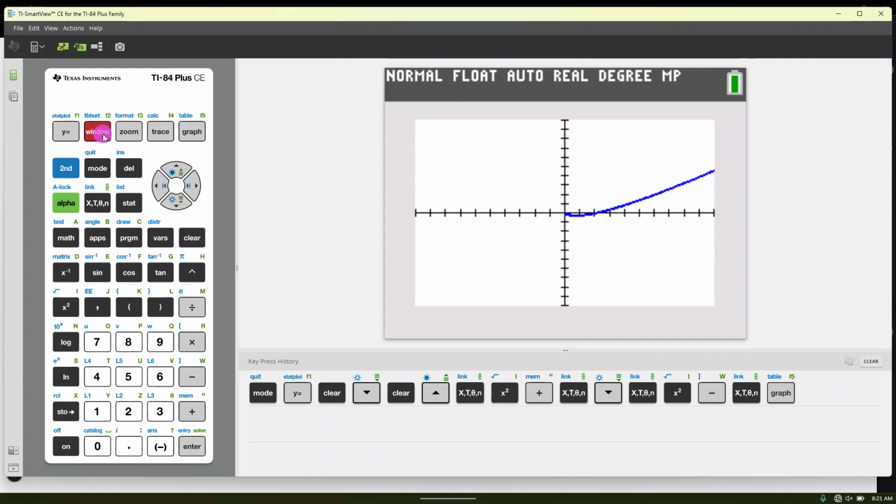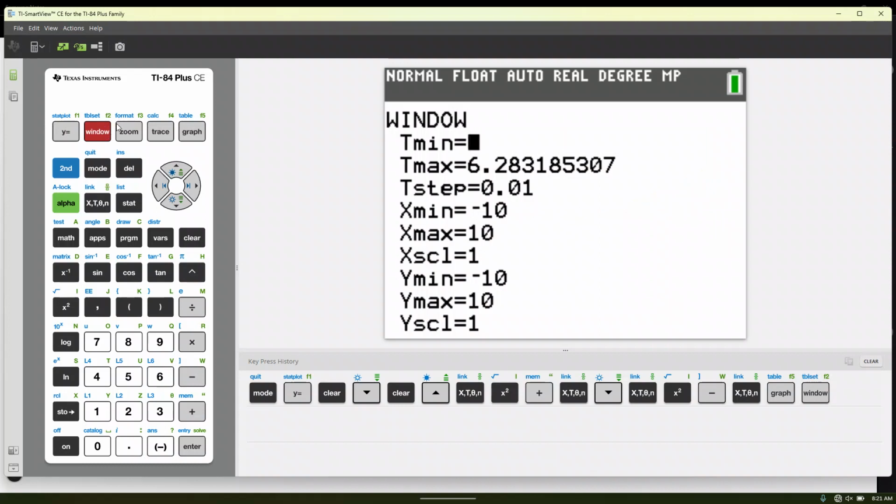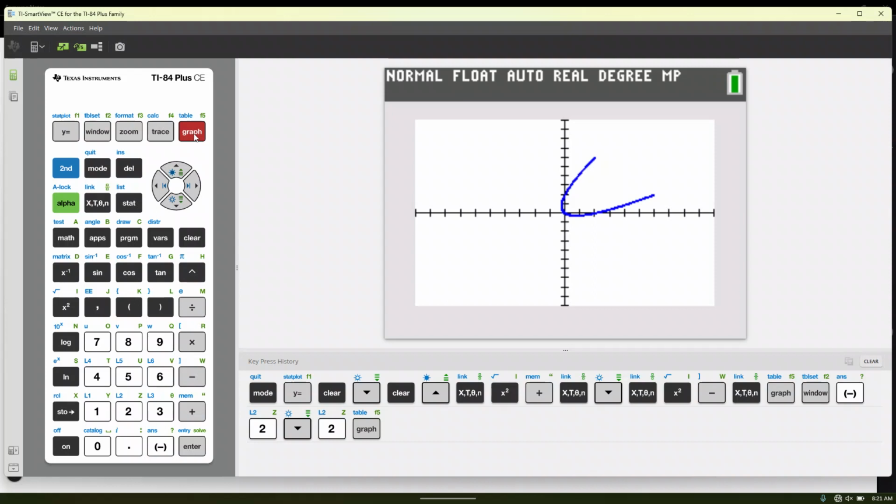So I'm going to go to Window, and I'm going to make my t-min -2, right? And I'm going to go, not to 2 pi in this case, but to 2, because we're not working with circular functions this time. Okay, graph. Well, it looks like it's going in this direction, right?